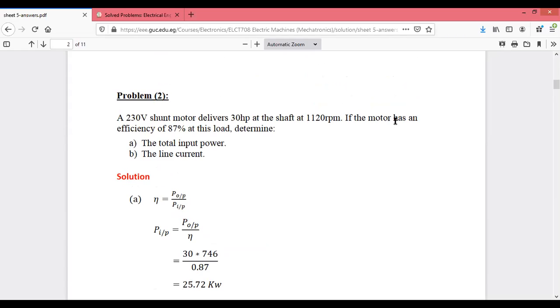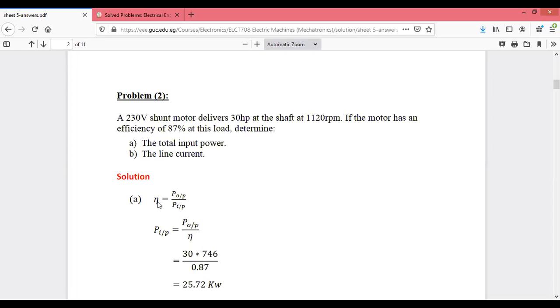The ratio of output power with respect to input power, they have given 87%. You can call this symbol, ये जो n है लंबा, a bit larger, eta, efficiency.